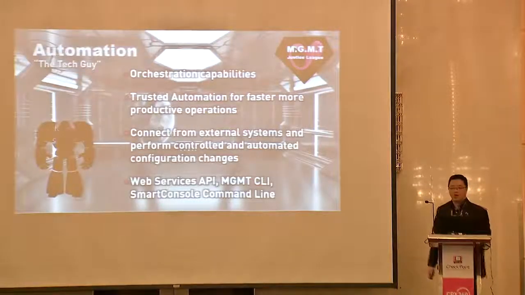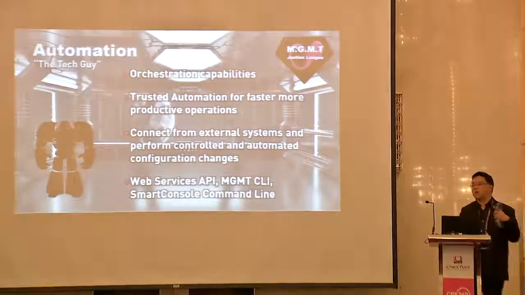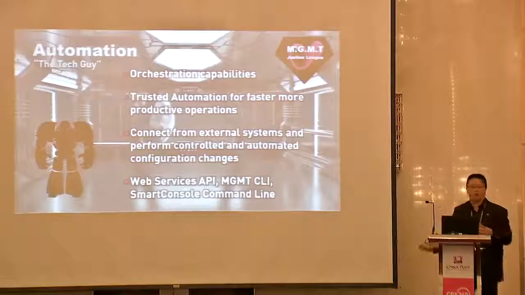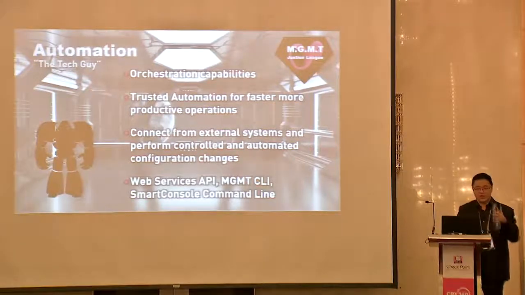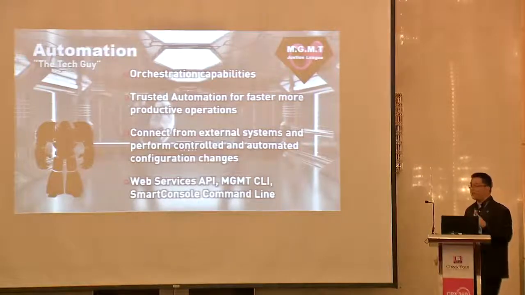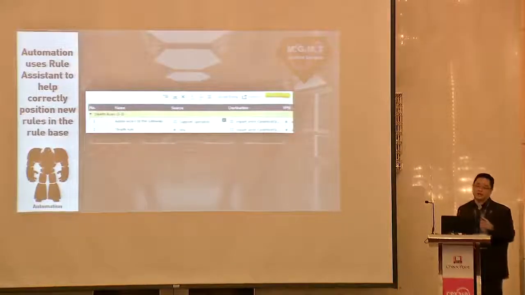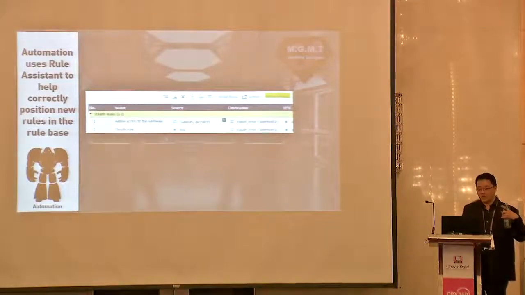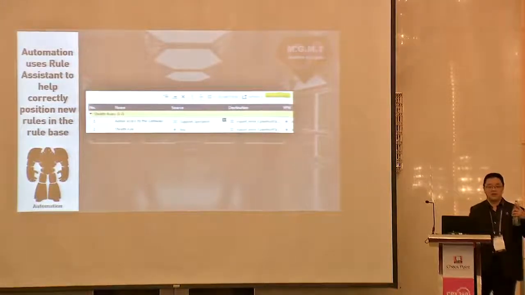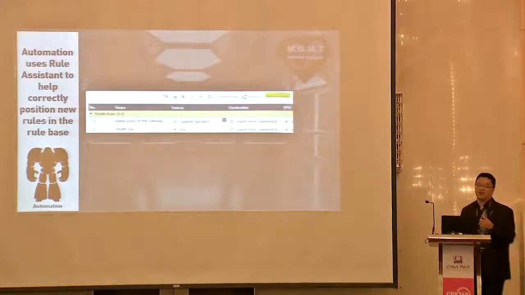Next, automation. This is something that most of you think is about talking about APIs, how you integrate together with other components. Now, what most of you don't know about the automation guy is that it has the ability to even give you rule assistance. If you're doing something not so good, or the rule base could be further improved, it can recommend to you.